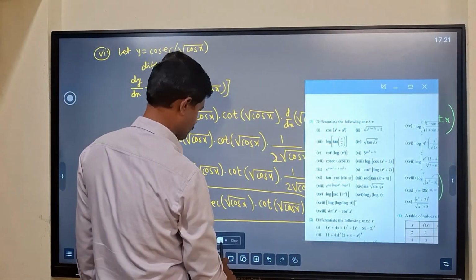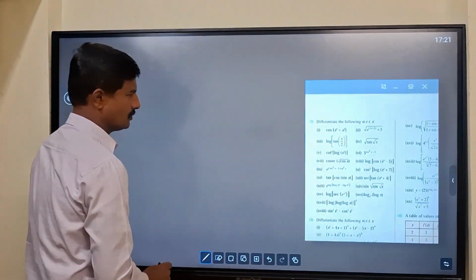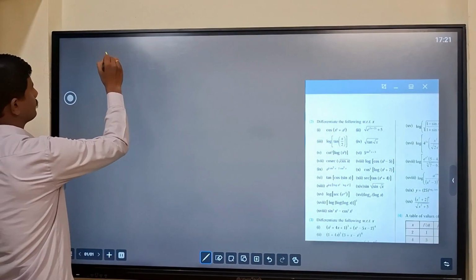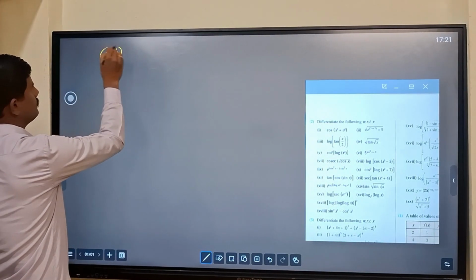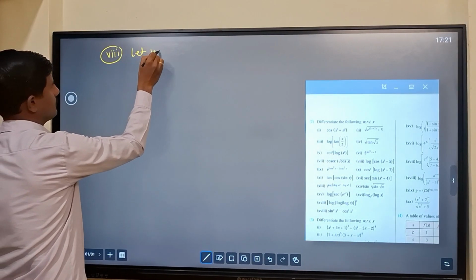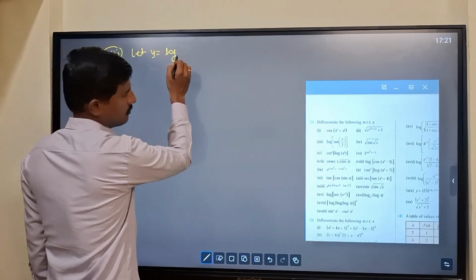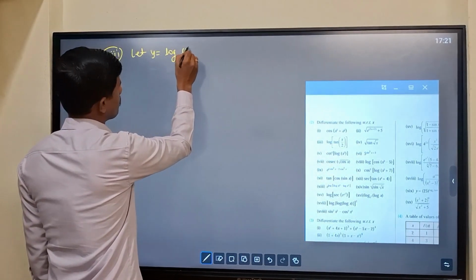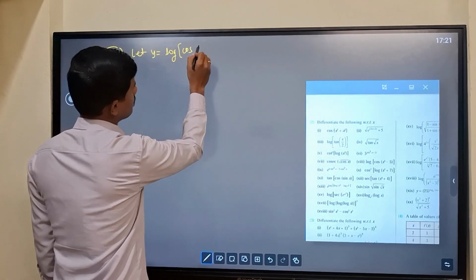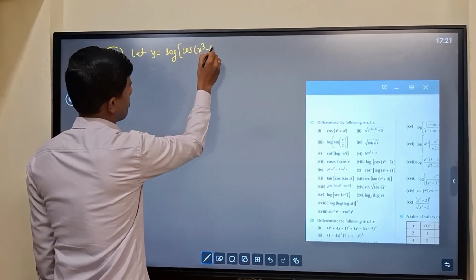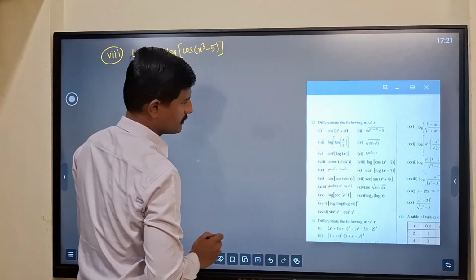Now for the eighth one. Let y equal to log of cos of x cube minus 5.